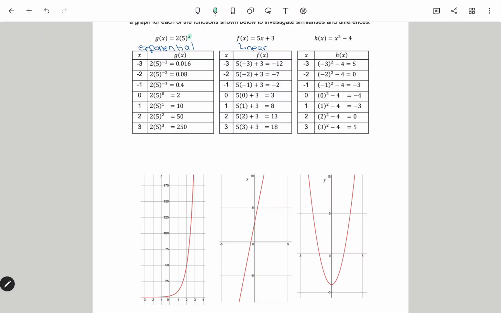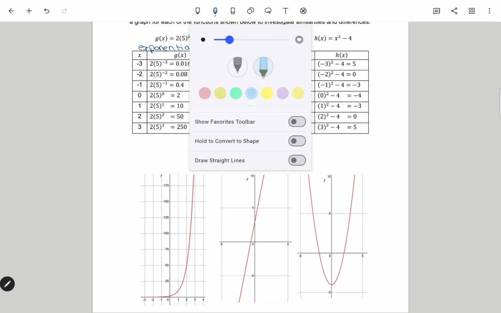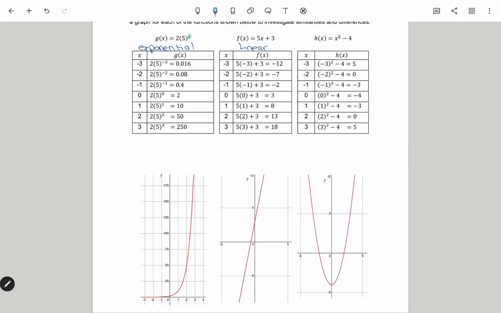And if our highest exponent is just a squared, like this guy here, then we know that this guy is a quadratic. So what we need to be able to do is, if I give you a table of values, recognize if it's exponential, linear, quadratic, cubic, something like that.